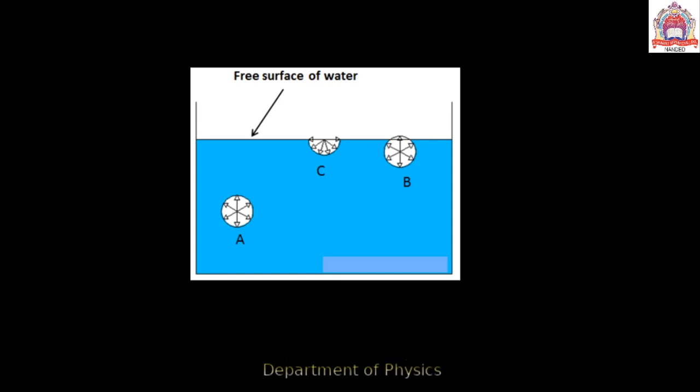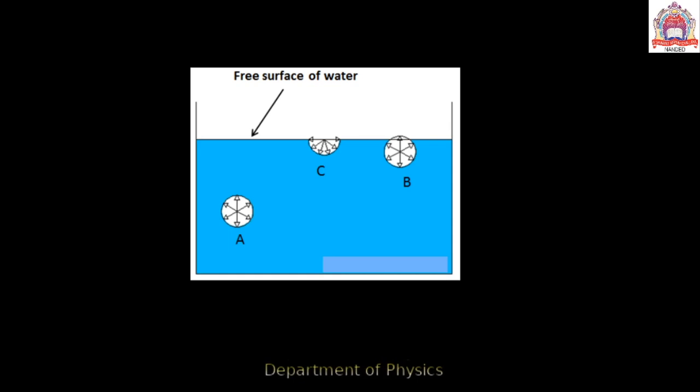So we can define the surface tension with the help of work done per unit area, because this surface energy increases with the increased surface area of the film.